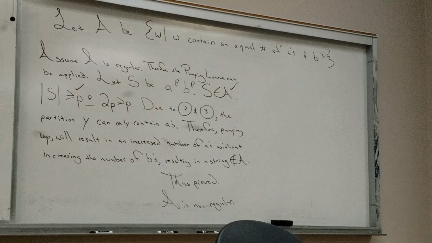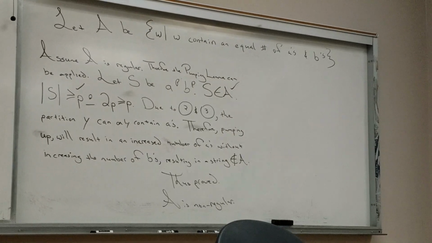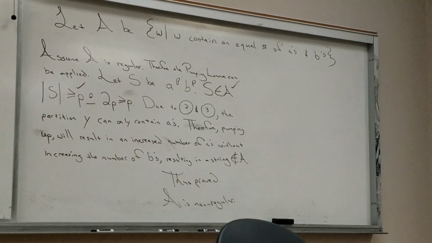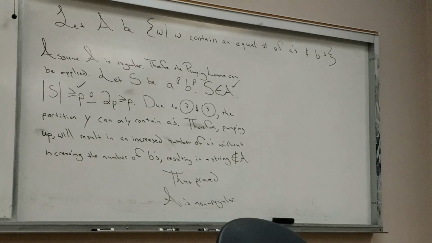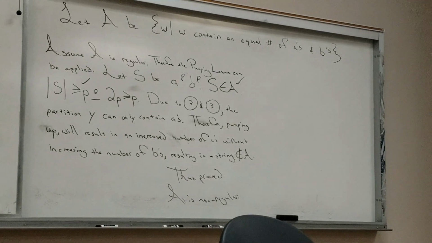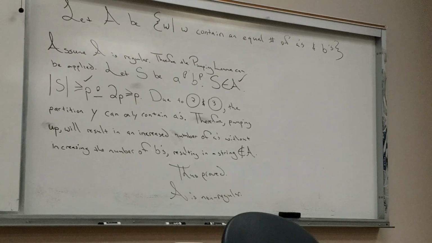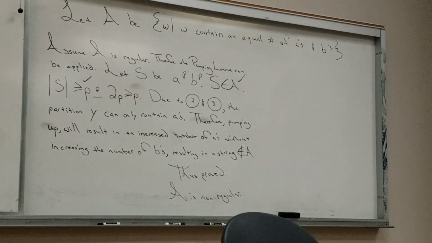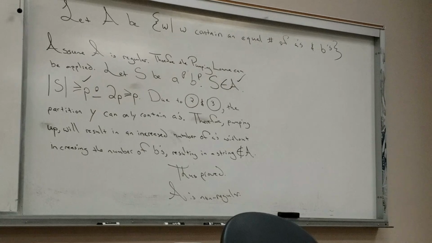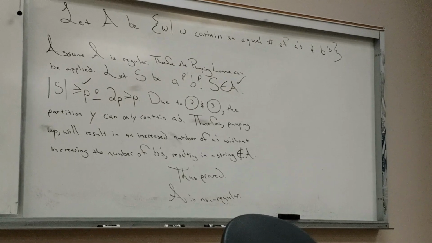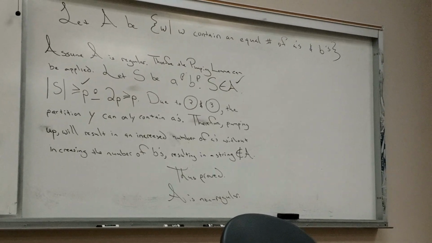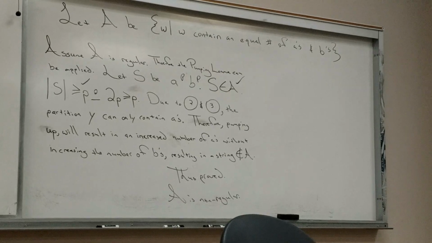You're feeling good, right? An equal number of A's. So the number of A's is equal to the number of B's. Yes, it could be. Isn't that kind of the same thing as what you just did?